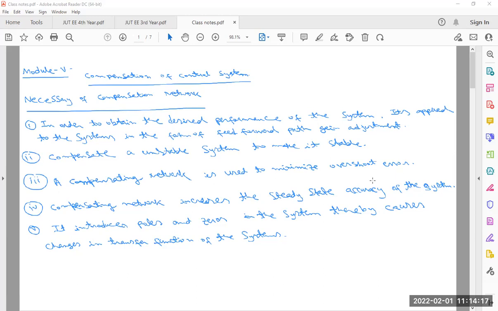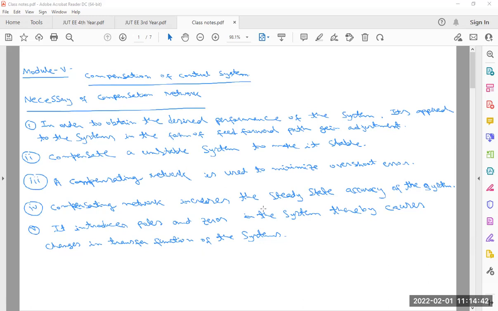You know that in our control system there are lots of errors we have to calculate. So this is basically the necessity of our compensating network, to minimize the overshoot error also. And the compensating network increases the steady state accuracy of the system.